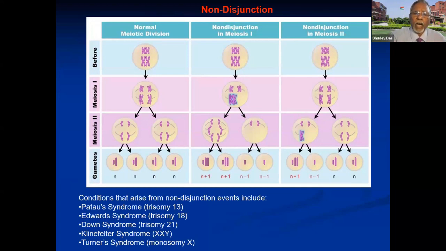I will not go into that because of the paucity of time. So you can see n plus or n minus gametes are all aneuploids, but the normal one is n. After the separation, either in meiosis 1 or meiosis 2, if it is n plus or n minus chromosomes, then it is aneuploid.